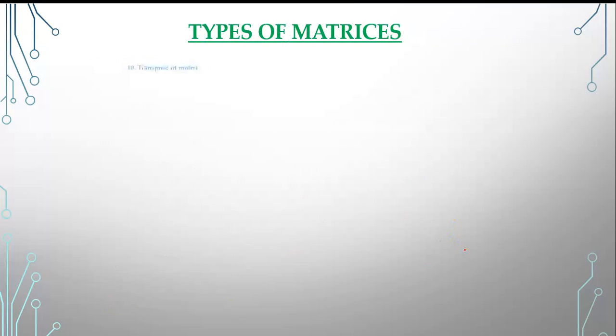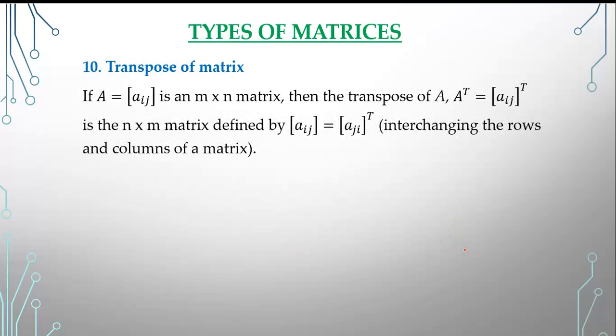Clear? Next one is the transpose of a matrix. So what is the transpose of a matrix? If we have a matrix A with elements aij, an m cross n matrix, meaning a rectangular matrix with m rows and n columns, then the transpose is denoted by A transpose, and it is defined as an n cross m matrix.